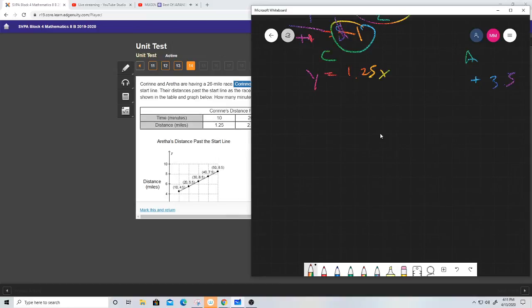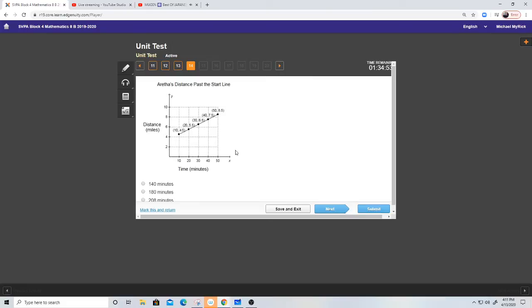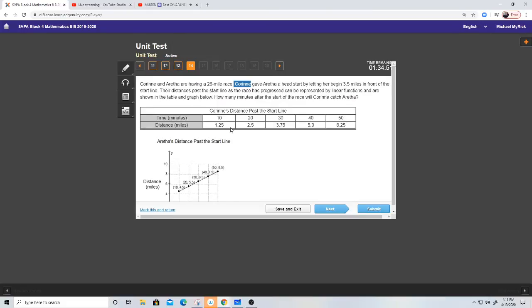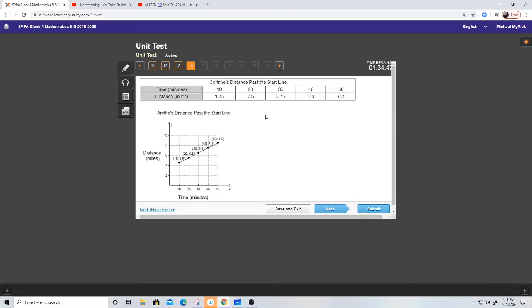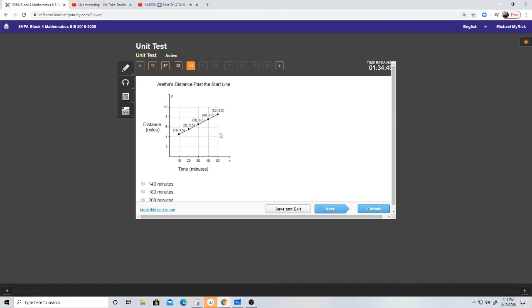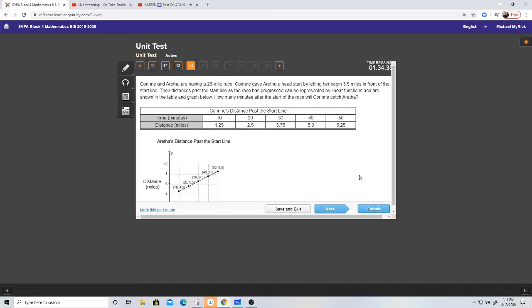That's why she gets the y-intercept boost. Now on Corrine's, we'll notice that when she goes 10 minutes, her mile goes up 1 mile.